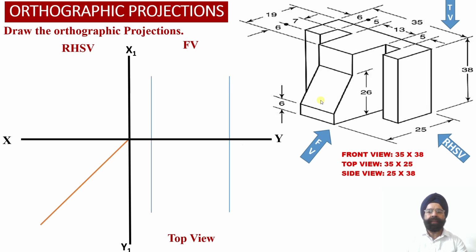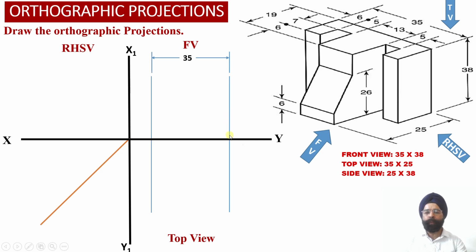So we know that the width of the solid is equal to 35 millimeter. So we have marked this width of 35 millimeter into the front view projection, and here we have drawn two vertical projector lines which are separated by a distance equal to 35 millimeter.